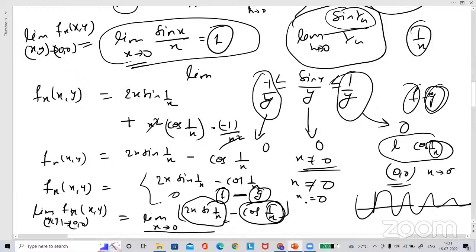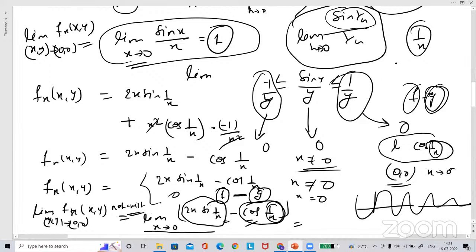So for this g function the limit does not exist. So then you will say this limit does not exist, because one part of it does not exist.